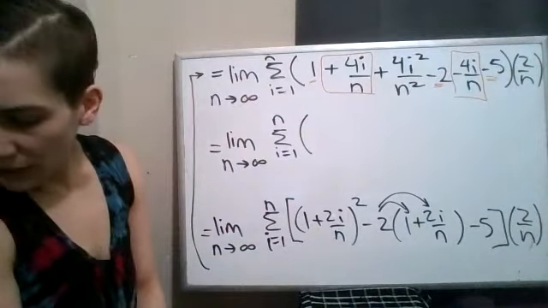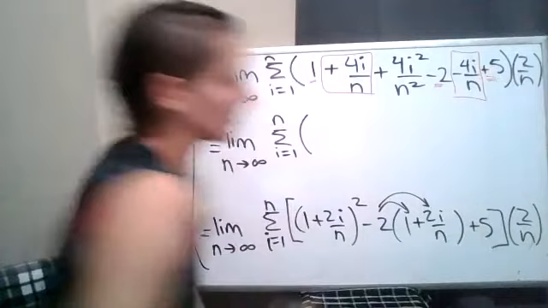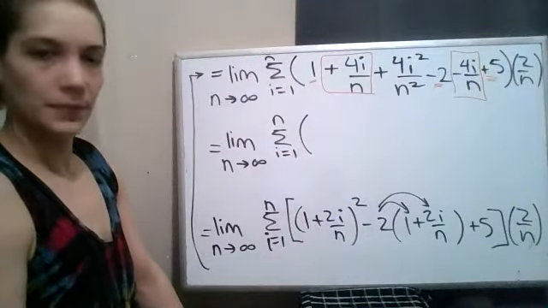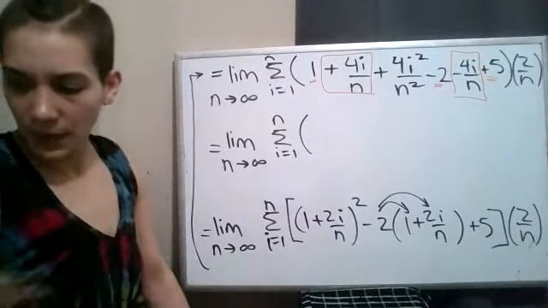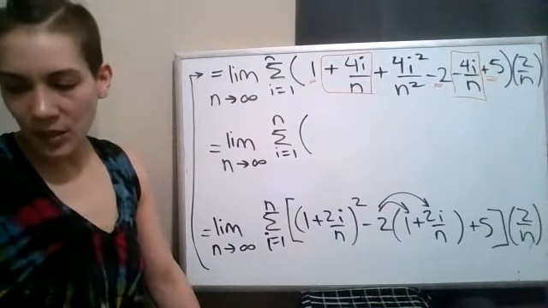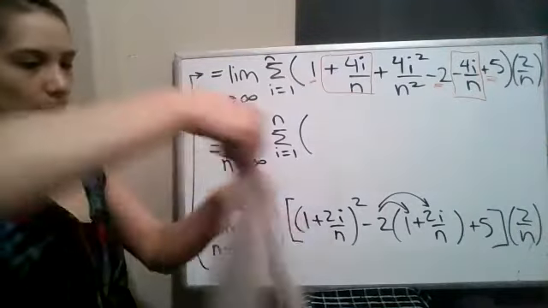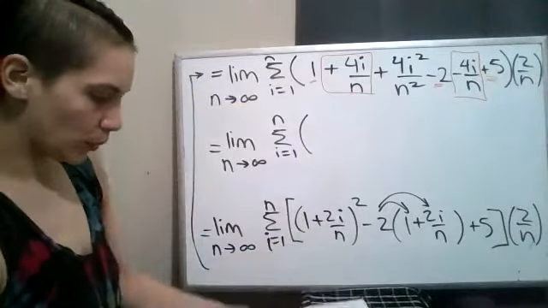It's supposed to be plus 5. There's supposed to be a plus. Yeah. So just a reminder, my function is x squared minus 2x plus 5. And we're good to go.